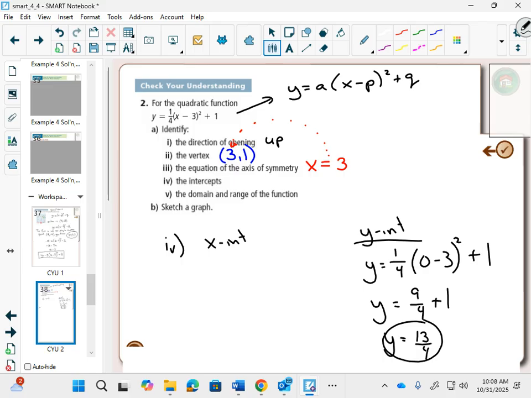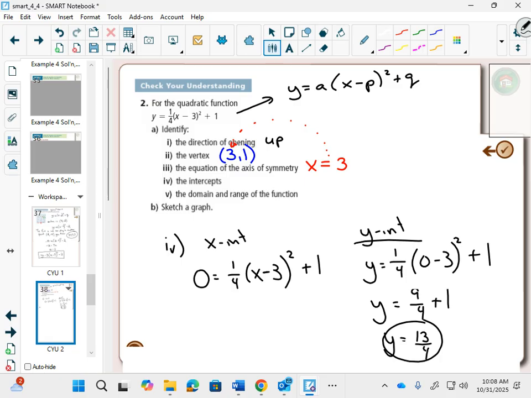My x-intercepts, how do you find x-intercepts? 0 for y. Okay. But don't we have no x-intercept? When it's moved up and opens up, we don't have an x-intercept. I love it.